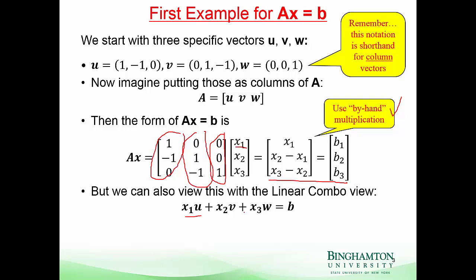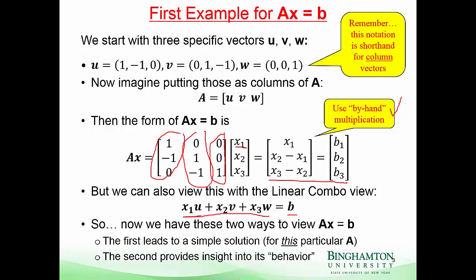And so this linear combination gives us b. And so in this form, we're asking, given u, v, w, and b, find the x1, x2, x3 values that cause the linear combination on the left to be equal to the given vector on the right.